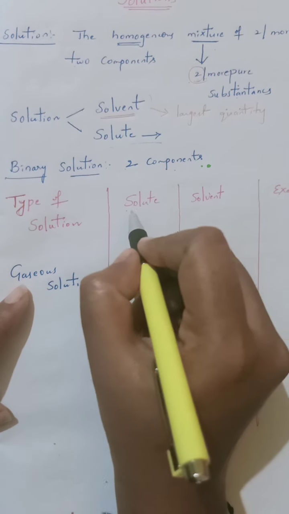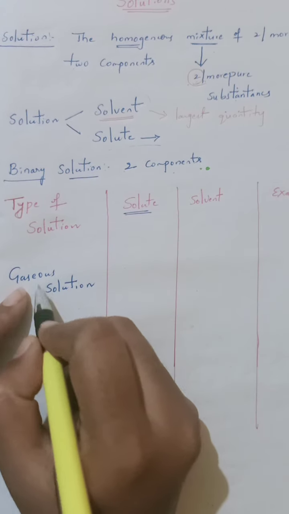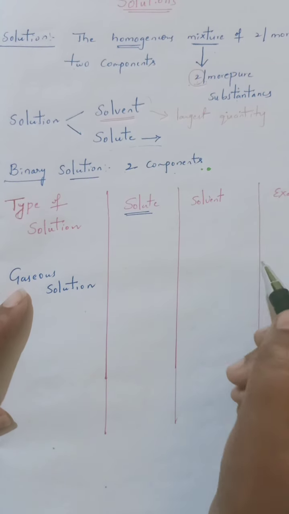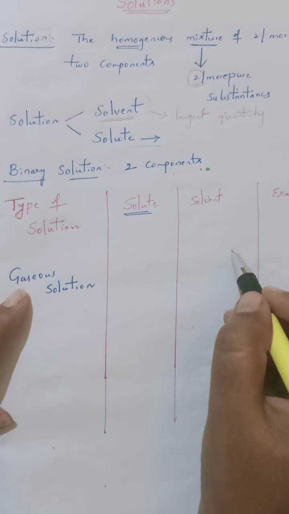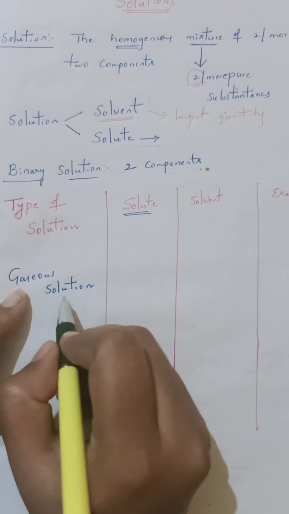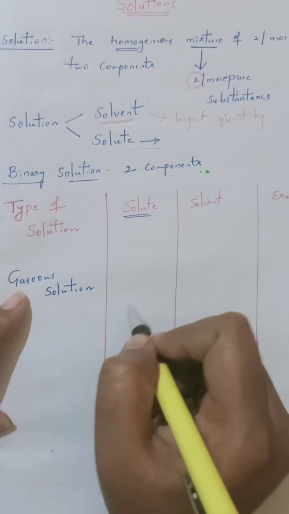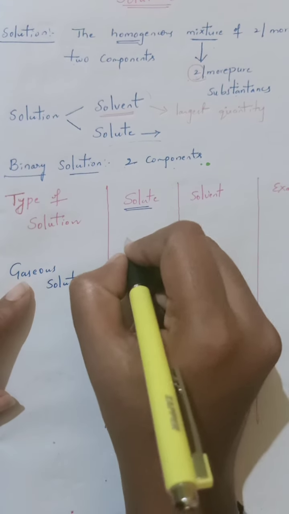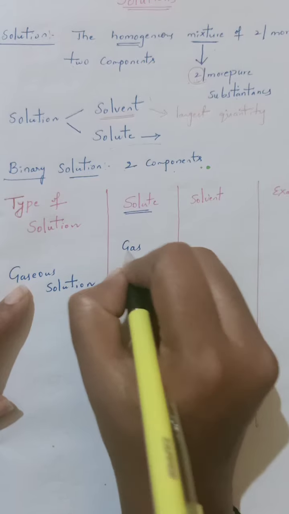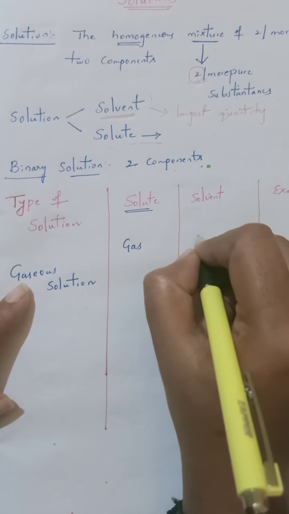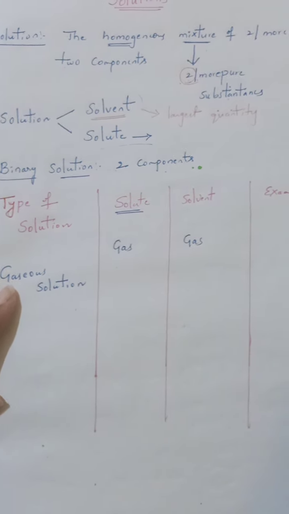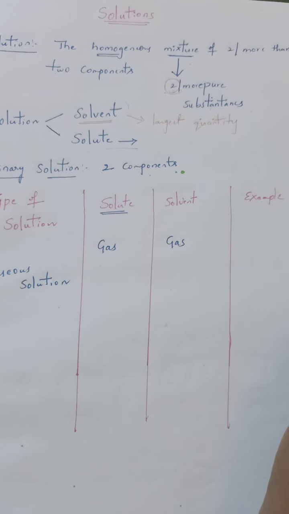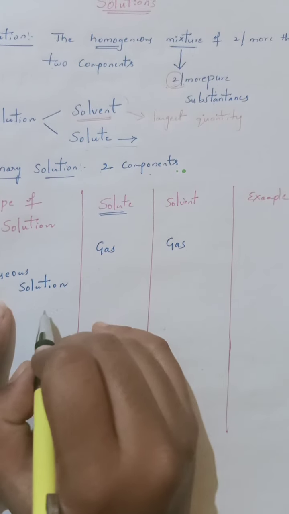Understand? Now the nature of solute is changing in this type of binary solution, but the solvent will be the same. In gaseous solutions, the solute may be any one type, but the solvent is always in gaseous state. So if a gaseous solute is mixed in a gaseous solvent, that solution is known as a gaseous solution.